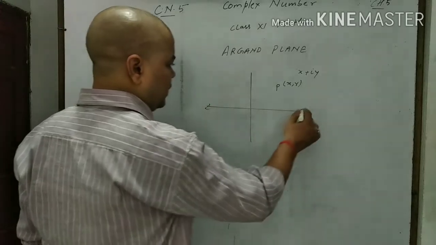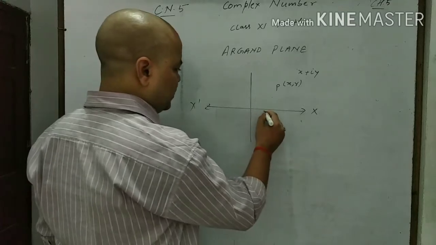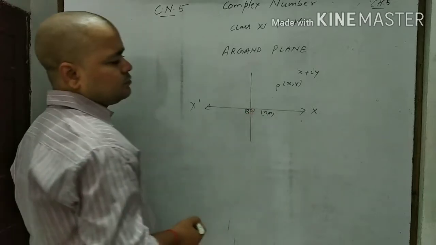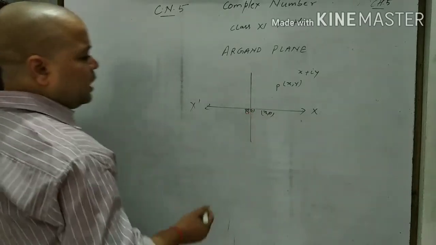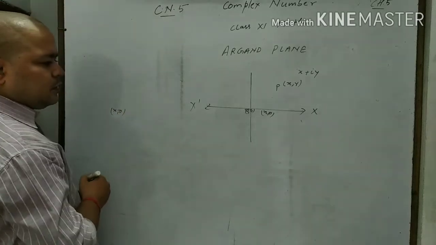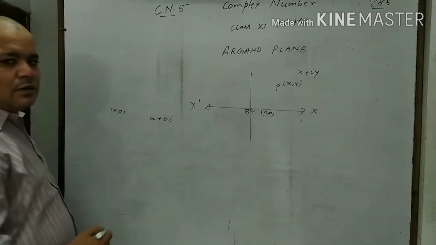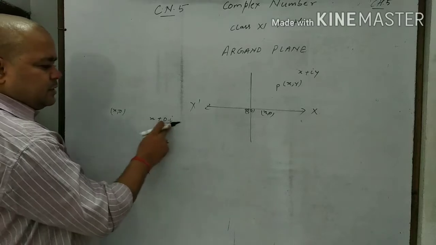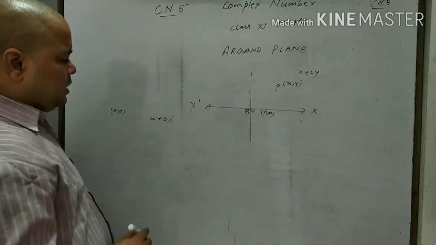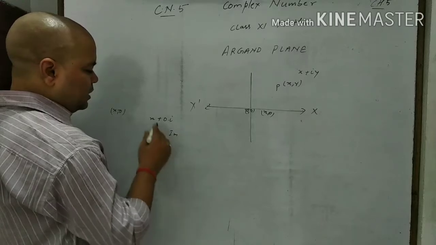Now, if we have any point on the x-axis, then it will be (x, 0). This is the origin. If we write this as (x, 0), then it can be written as x plus 0i. This can be represented in the form of a complex number as x plus 0i.